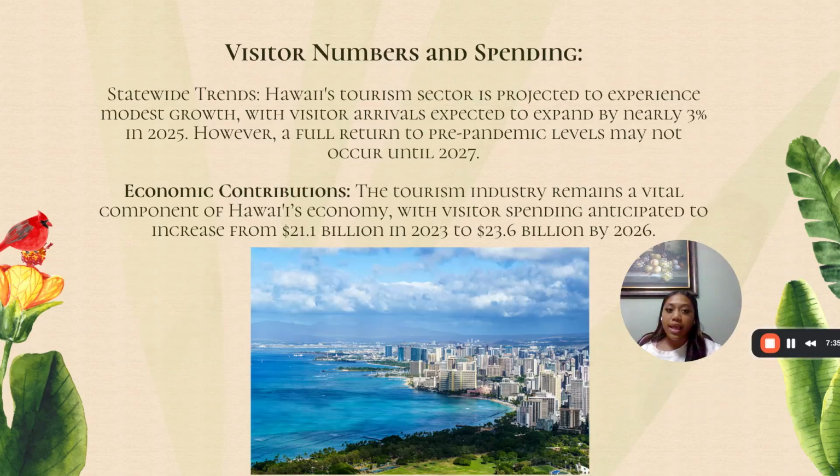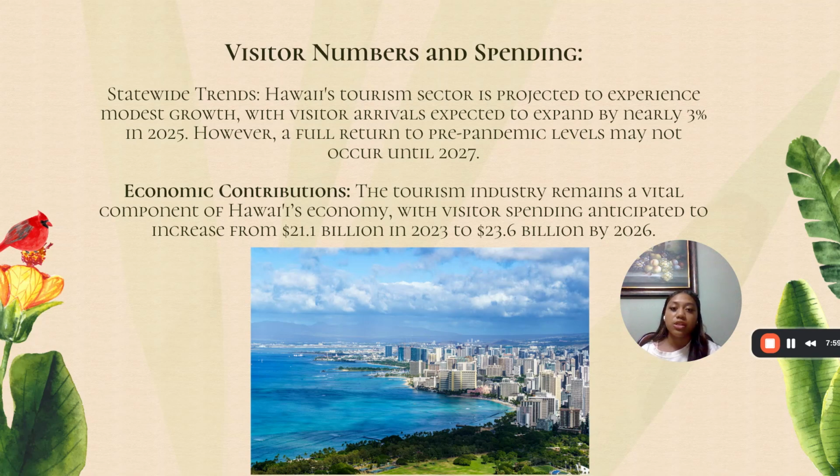Visitor numbers and spending. The statewide trends: Hawaii's tourism sector is projected to experience modest growth, with visitor arrivals expected to expand by nearly 3% in 2025. However, a full return to pre-pandemic levels may not occur until 2027.